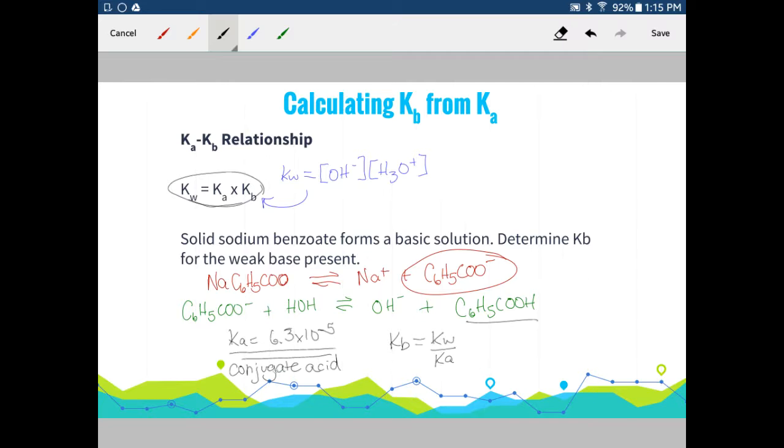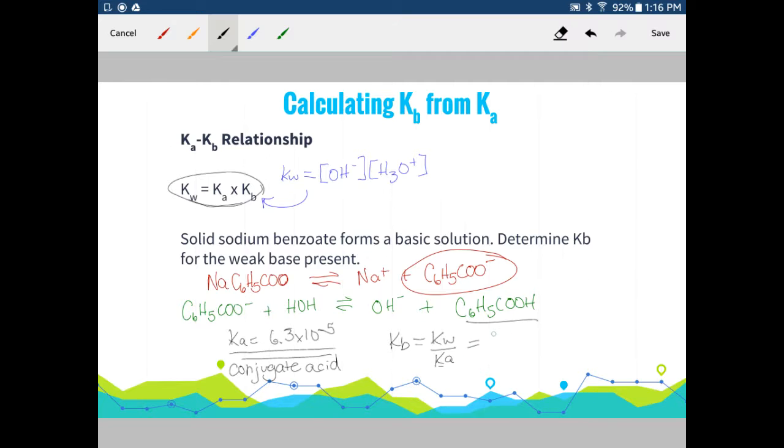You always want to ensure that you find the conjugate acid of the base you are looking for. So if I'm looking for my benzoate, okay, I need to look for benzoic acid. I need to look for this entity plus one hydrogen to find the corresponding Ka.